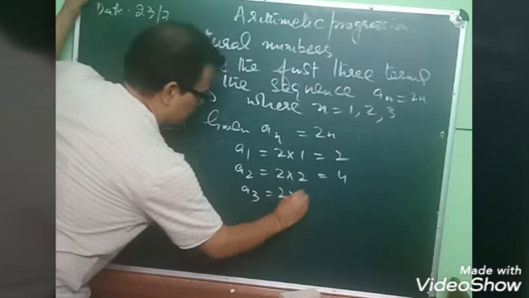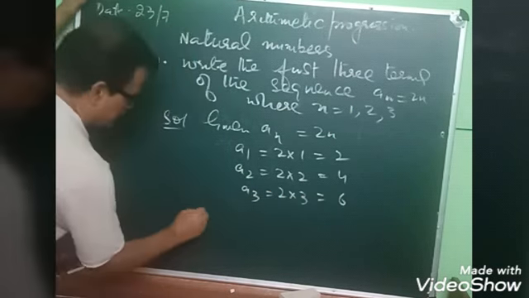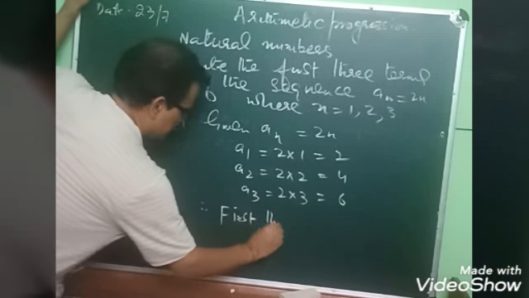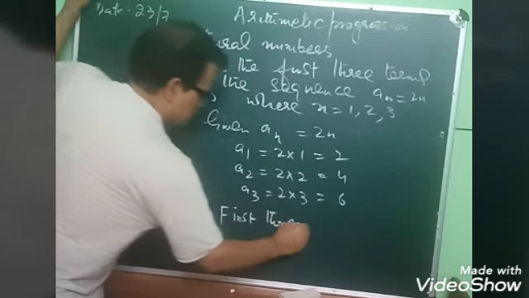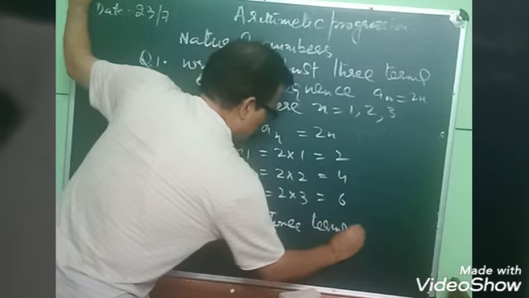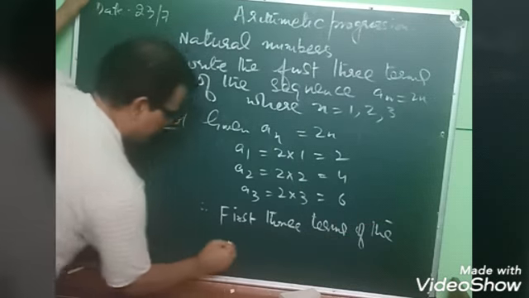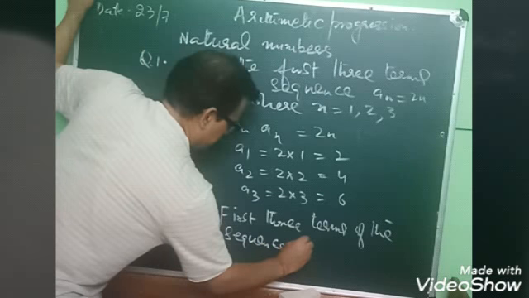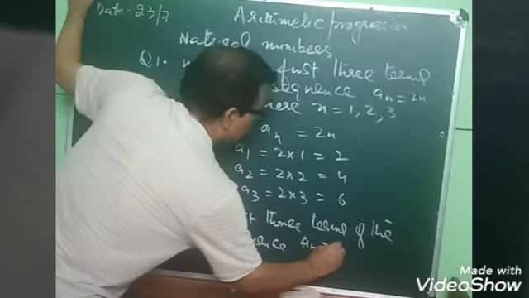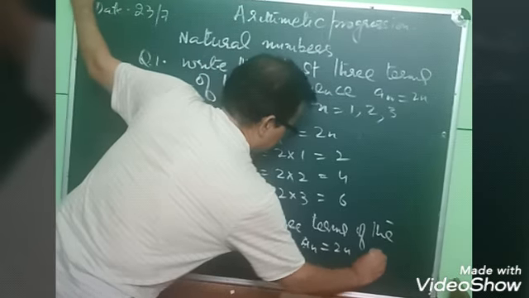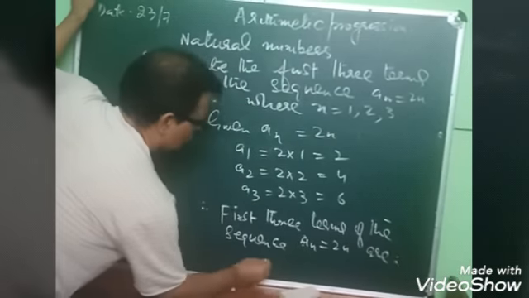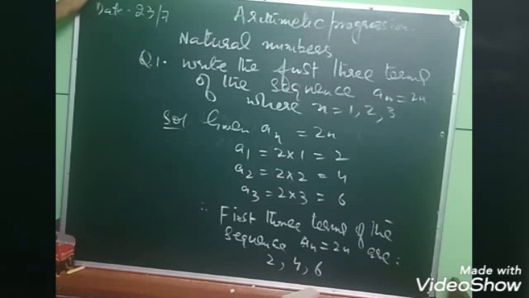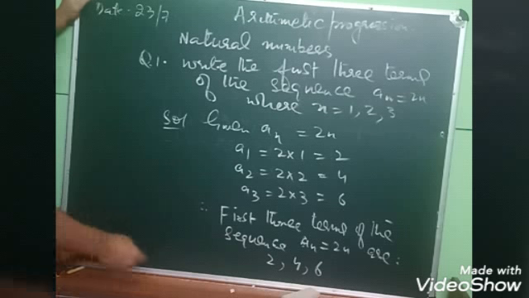It is 2 into 3, that is equal to 6. Therefore the first three terms of the sequence an is equal to 2n are 2, 4, 6. So this is the first part of the first question.